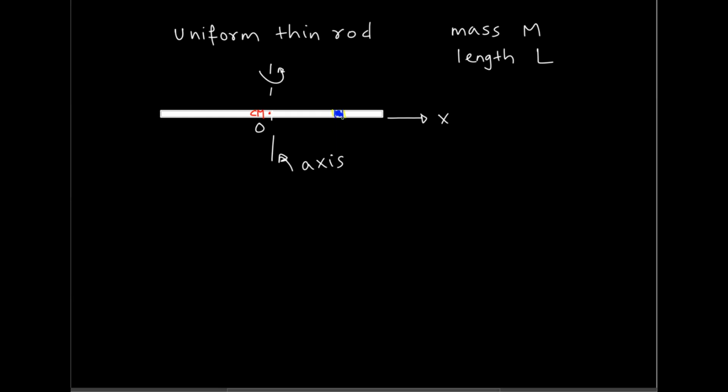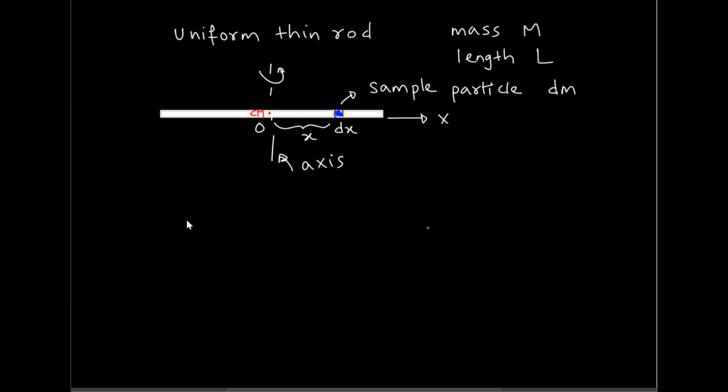This sample piece is at a distance x from the center of the rod, and the thickness is dx. Now this sample piece is like a particle. I can just say it is a sample particle. The mass of the sample particle, I'll take it as dm.